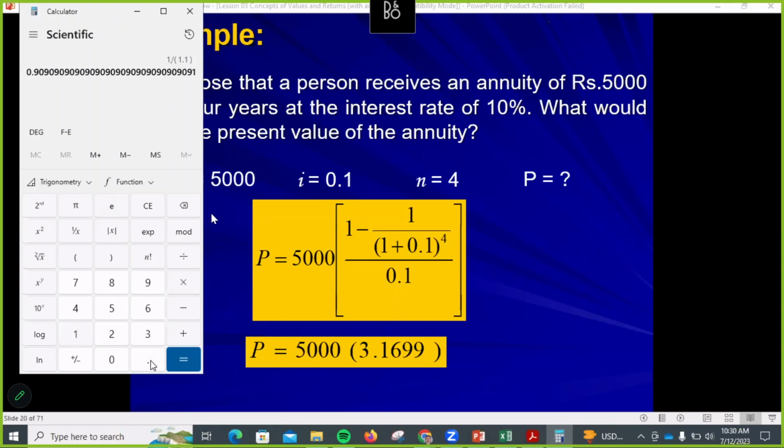For the second year, you can get this one. For the third year, you can get this amount. For the fourth year, you can get this amount.